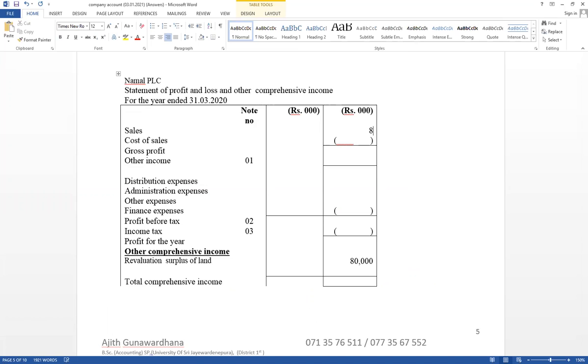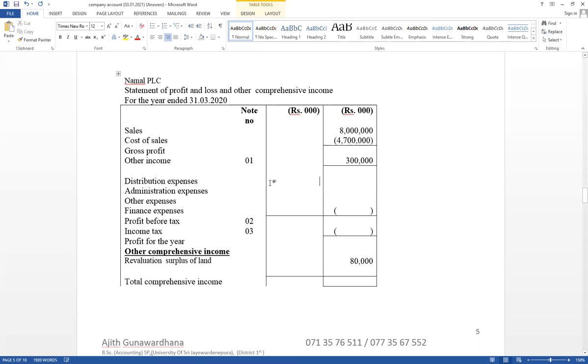Therefore, correct sales value equal 8 million. And cost of sales 4,700,000. It is available in the trial balance. Deduct within brackets. And other income is given 300,000.